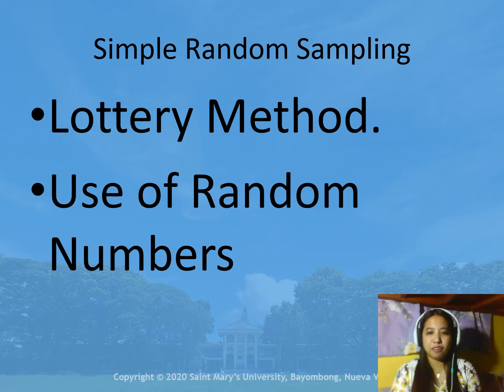It will not give you numbers like 1, 2, 3, 4, 5, but it will give you, for example, numbers like 0.125, 0.1375. So you can craft a rule there, and based on that rule, you can determine the members of your sample.